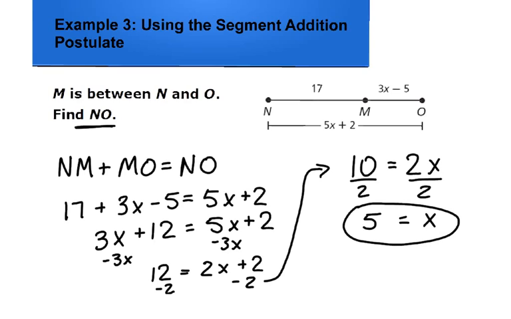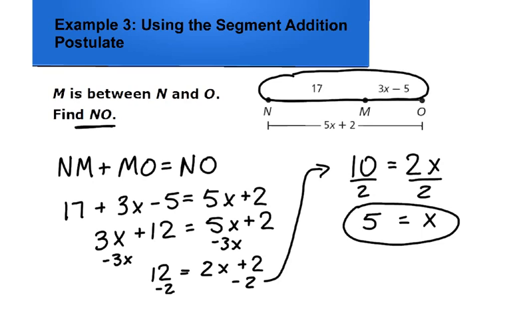But don't stop here. Find what we are supposed to find in the first place, which is NO. Well, NO is equal to this up here, 17 plus 3x minus 5.